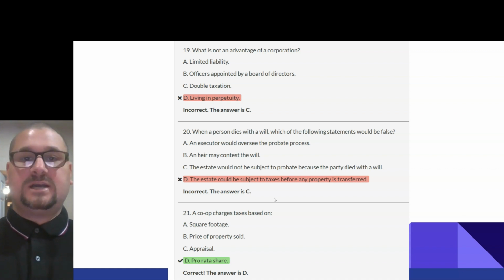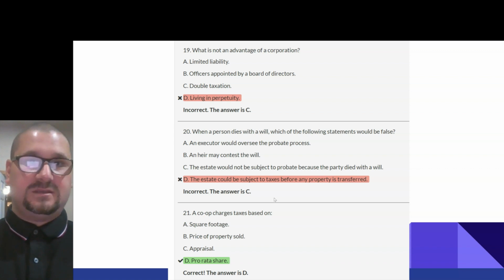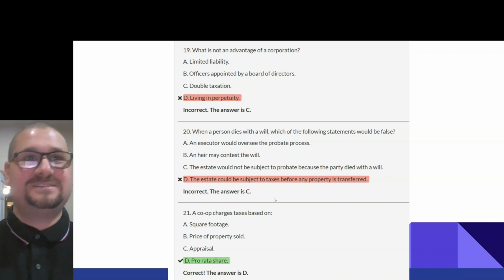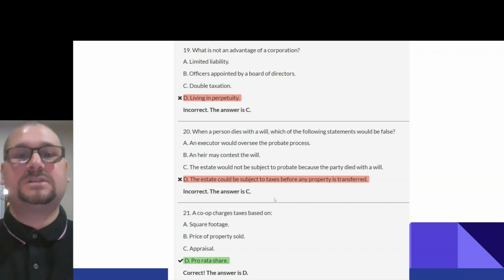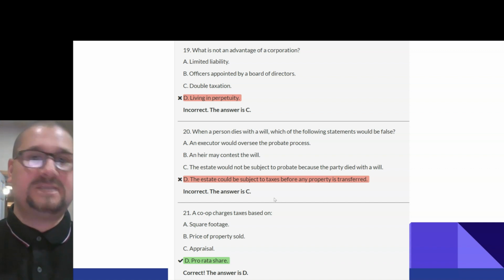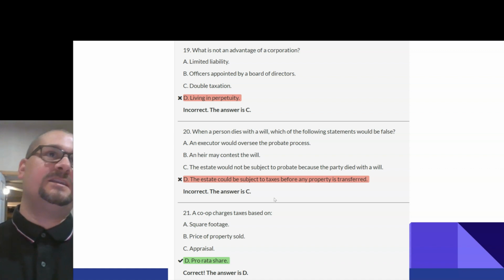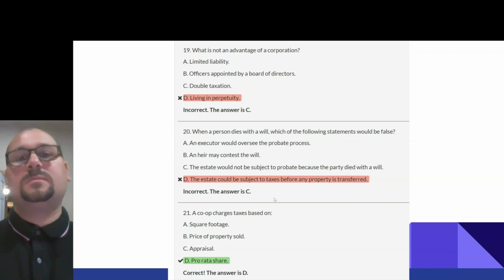When a person dies with a will, so it's testate, not intestate, which of the following statements will be false?